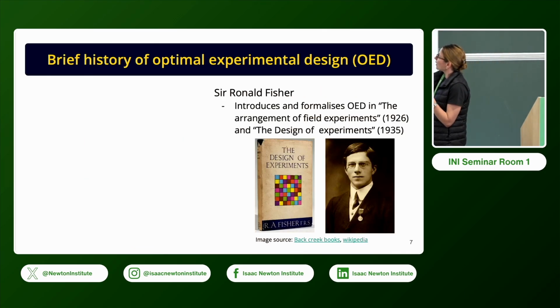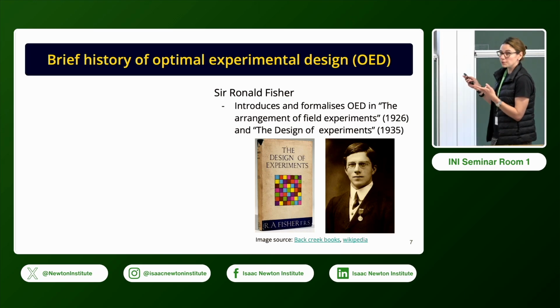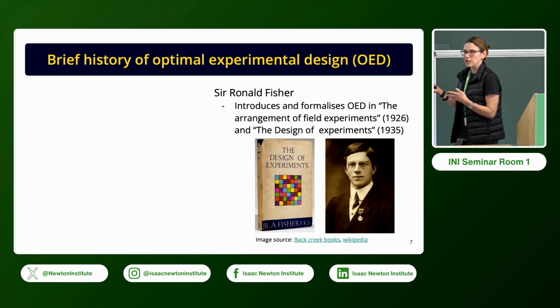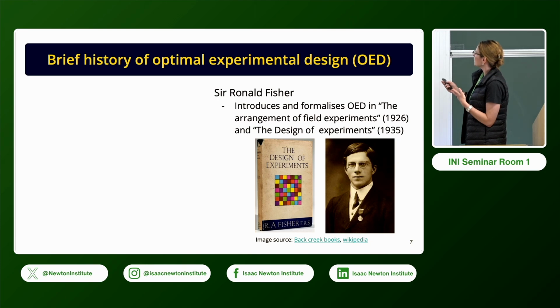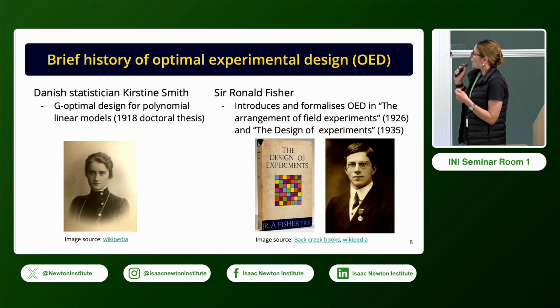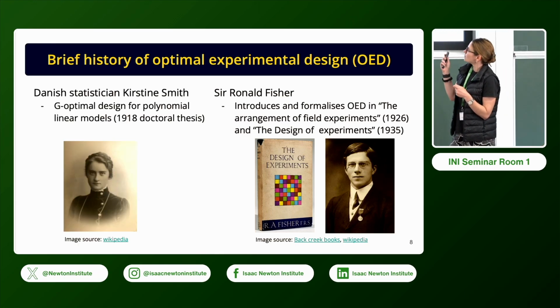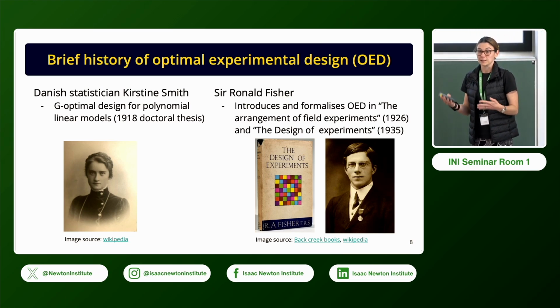So, a very brief history of optimal experimental design. As I mentioned, Sir Ronald Fisher introduced and formalized this optimal design of experiments in his seminal books, The Arrangement of Field Experiments and the Design of Experiments, in the late 20s and early 30s. But actually there is a Danish statistician, a lady called Kirstine Smith, that the field of optimal experimental design is attributed to.